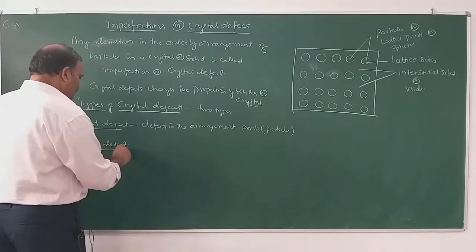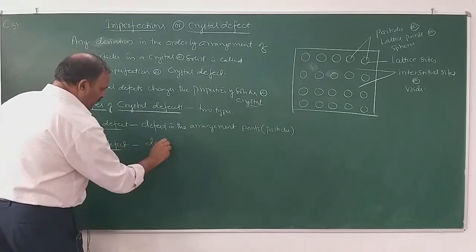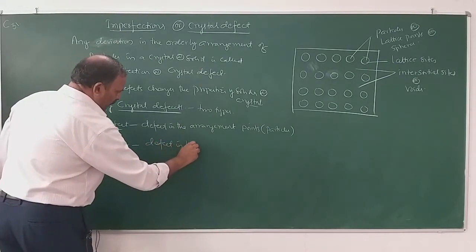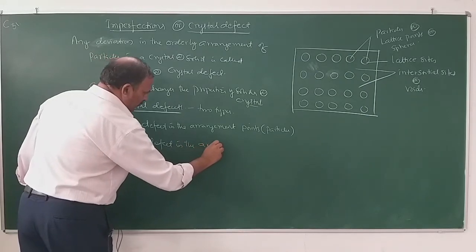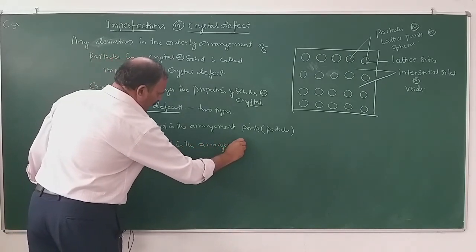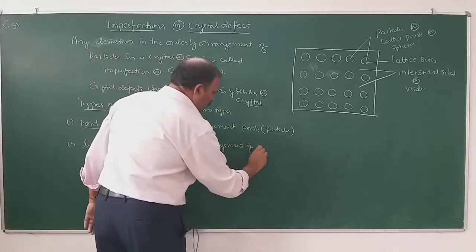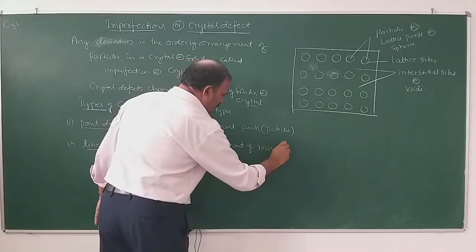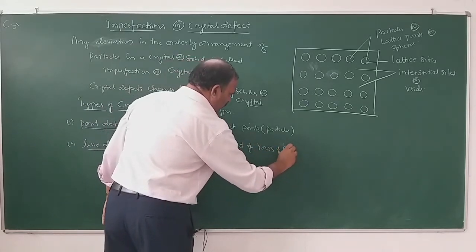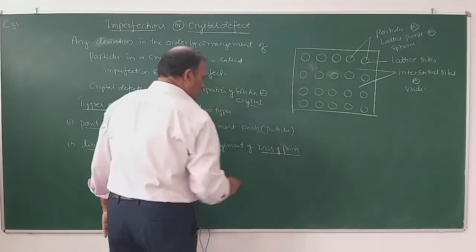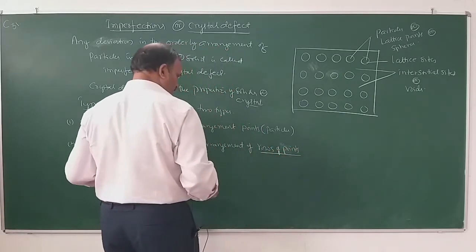Similarly, what is line defect? Defect in the arrangement of rows of points is called line defect.